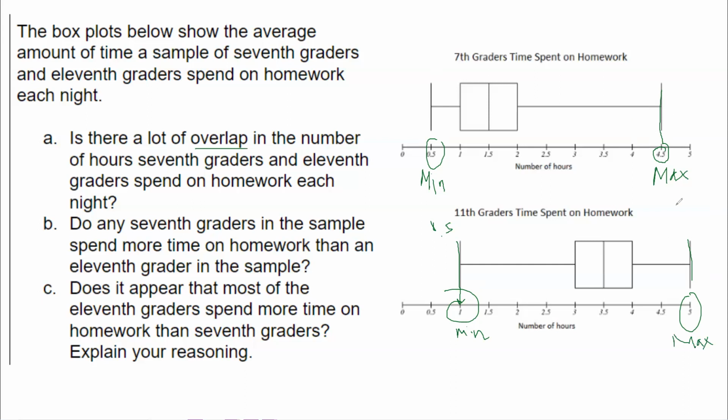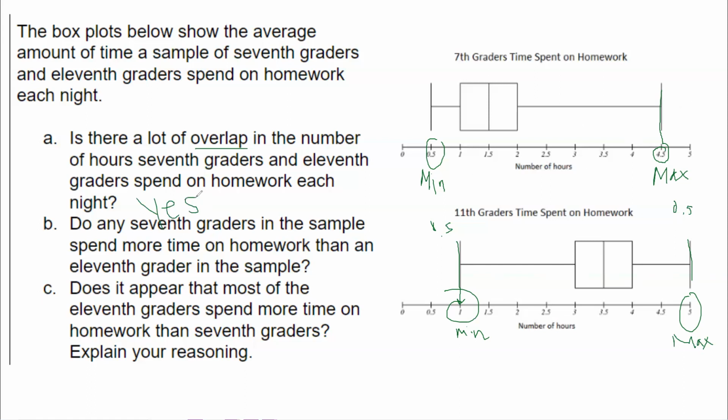If we take the difference between those two, again, it's only 0.5. So I would personally say that there's a lot of overlap because there is, let's see, 1, 2, 3.5 hours of overlap out of 4 hours total of your range. So I would say, yes, there is a lot of overlap, and I would give that reason on why.